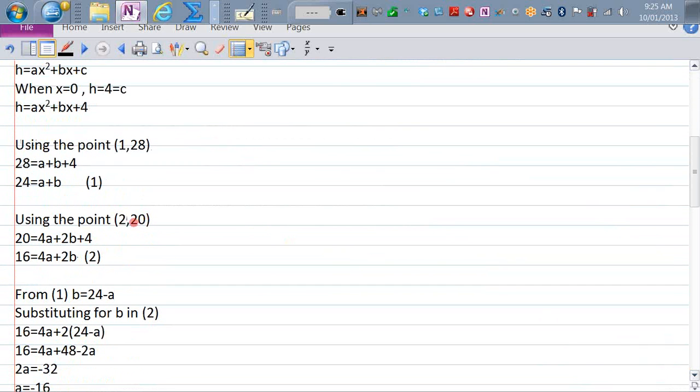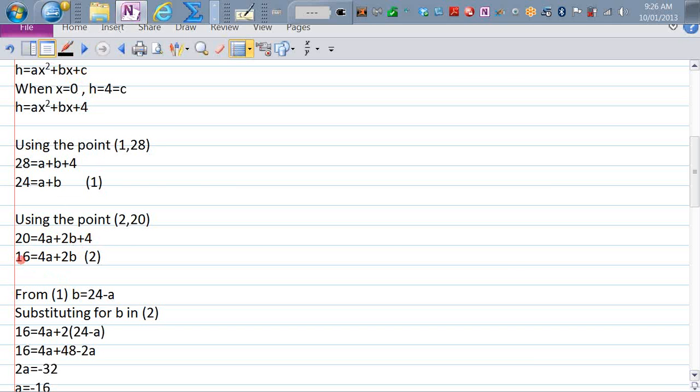We put (2, 20) into the equation h equals ax squared plus bx plus c. h is 20, and x is 2, 2 squared is 4, so we get 4a. bx, when x is 2, is 2b, and then we have c, which we know is plus 4.